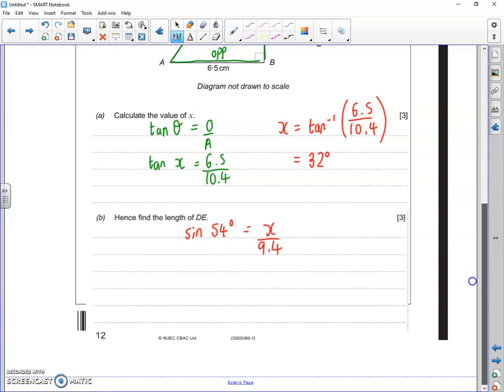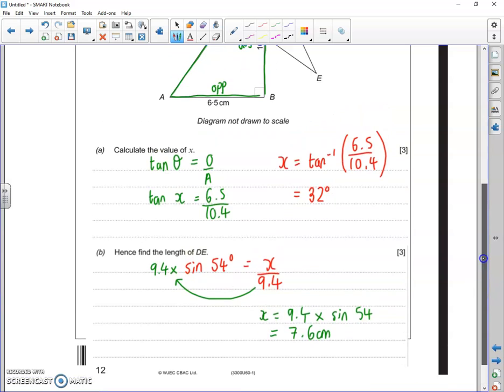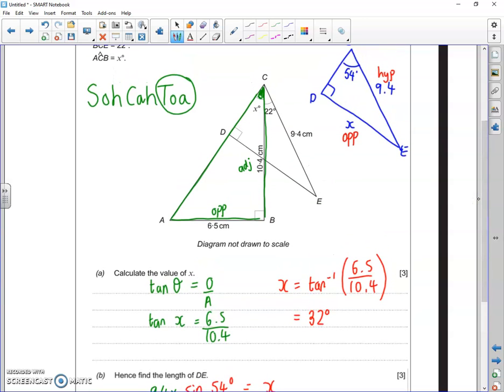To get X on its own, we need to bring the 9.4 over and it will change to a times. So if you type into your calculator 9.4 times sine 54, you should get a length of about 7.6 centimetres. You can be a little bit more accurate if you like. The mark scheme works to 1 decimal place, so 7.6 centimetres. Helps to draw it out separately so you can see what you're doing. It's a bit muddled when they're overlapping there.